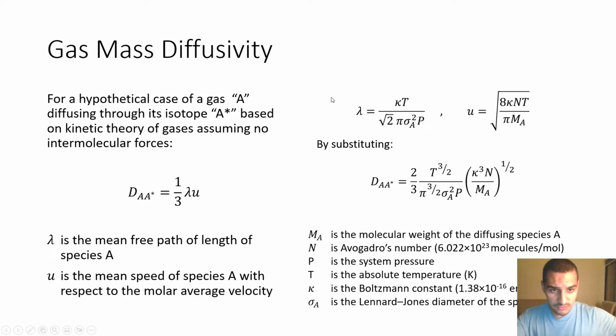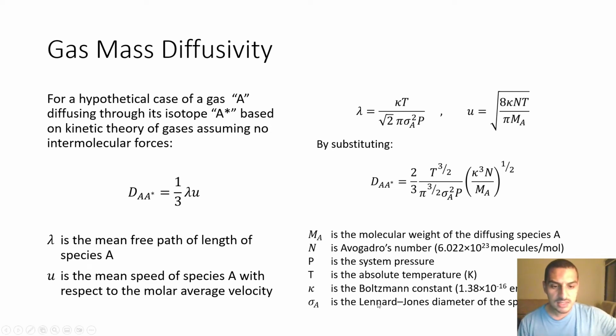If you plug these two formulas into the main equation, the final equation will look like this. Here N is Avogadro's number, P is the pressure, T is the temperature, M is the molecular weight of the diffusing species, and K or kappa is the Boltzmann constant, a very well-known constant.